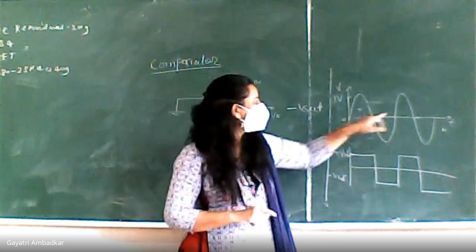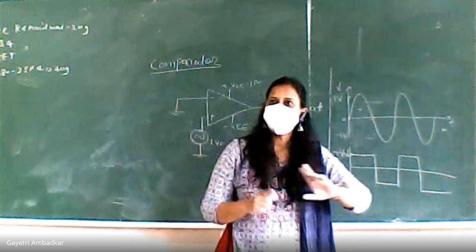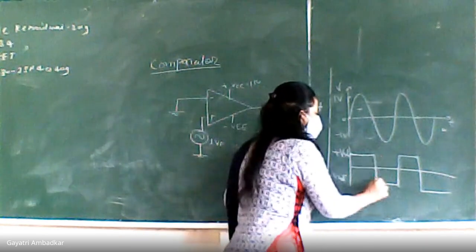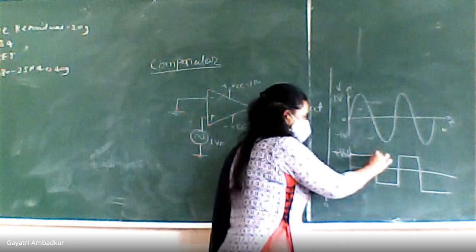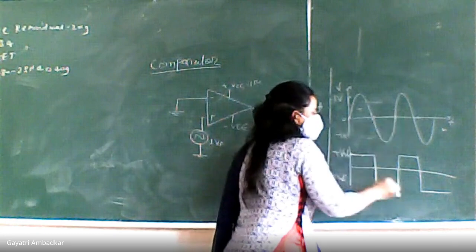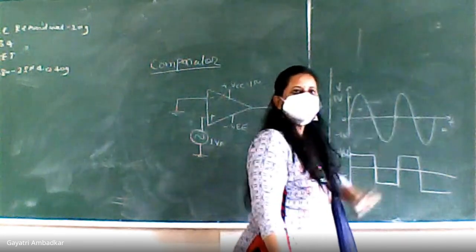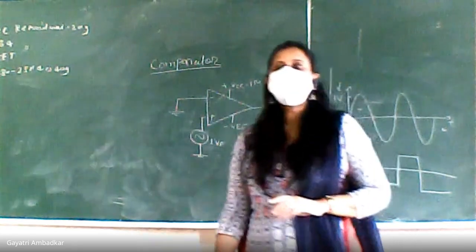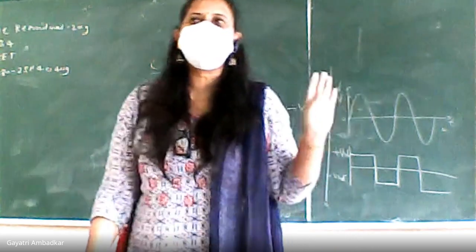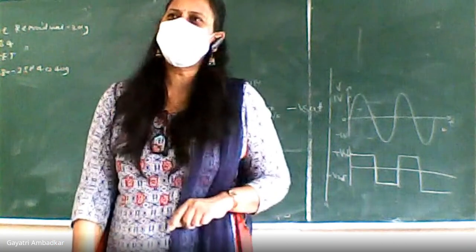Wherever it crosses zero, this waveform switches. See, from positive it is switching to negative, then it remains negative. The moment it crosses zero here, it switches to positive. So this application is also called a zero crossing detector. Got it? Conversion can also be done.